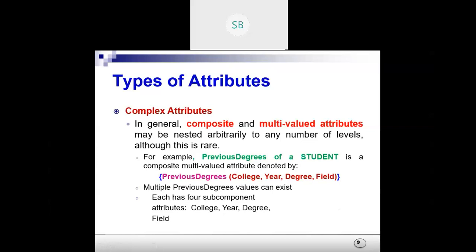In my case, I have done my schooling from different places, even 12th from different places, so these things will vary for me. If you do it from the same school, you still have to write it twice, only these things will be the same. But I have done my 10th in a different board and 12th in a different board, so it will be comprised in this attribute. So this previous degree is basically a multi-valued attribute and it is composed of college, year, degree, field.